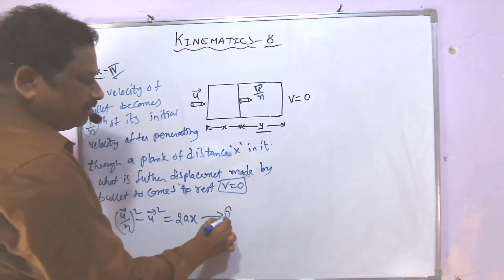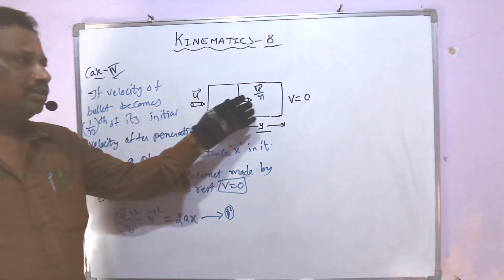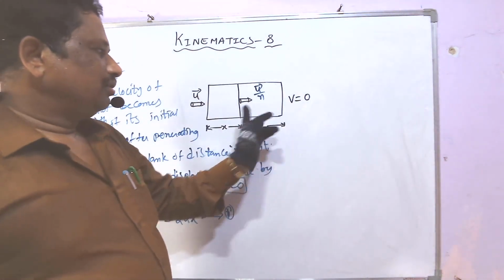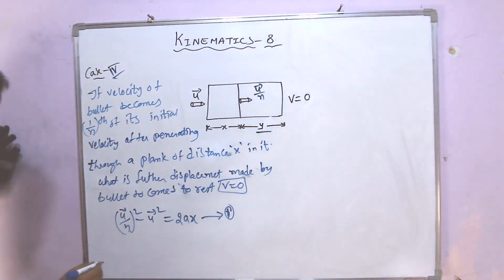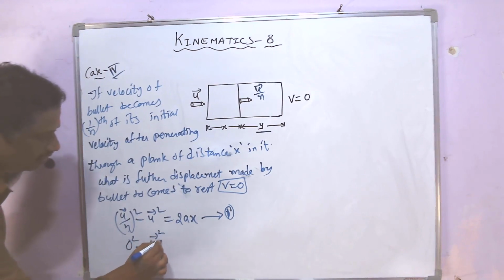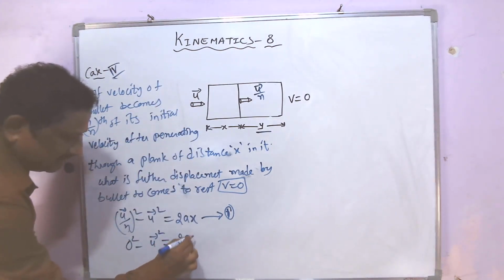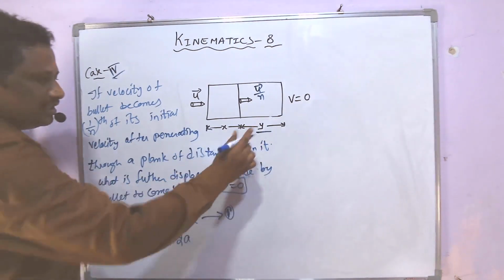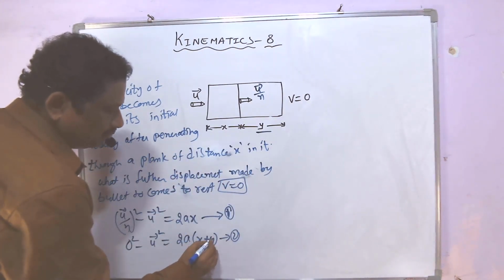Let this be equation 1. Next, when it passes through a total distance x plus y, its final velocity becomes 0. So 0 square minus u bar square, with no change of initial velocity, is 2a times the total distance x plus y. Let this be equation 2.